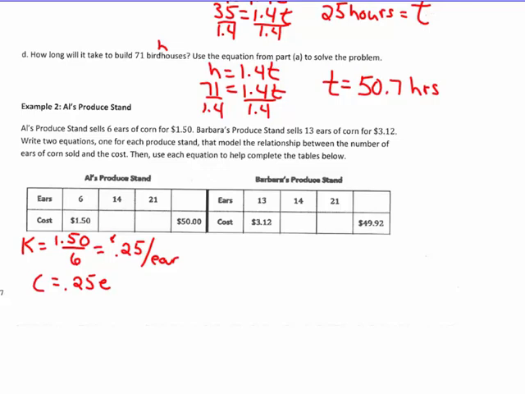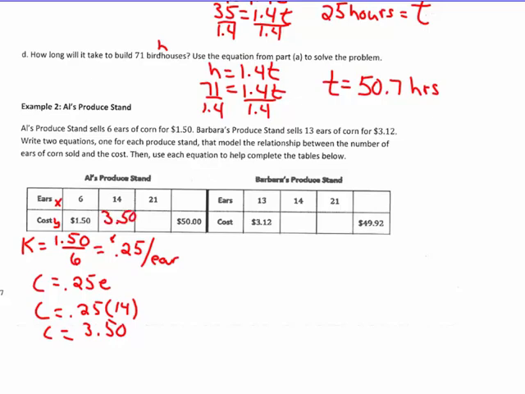You can always use, right, this is your x, this is your y. You can always use y and x. So now if I want to know how much it is for 14 ears, I'm going to do 0.25 times 14, which would give me $3.50.